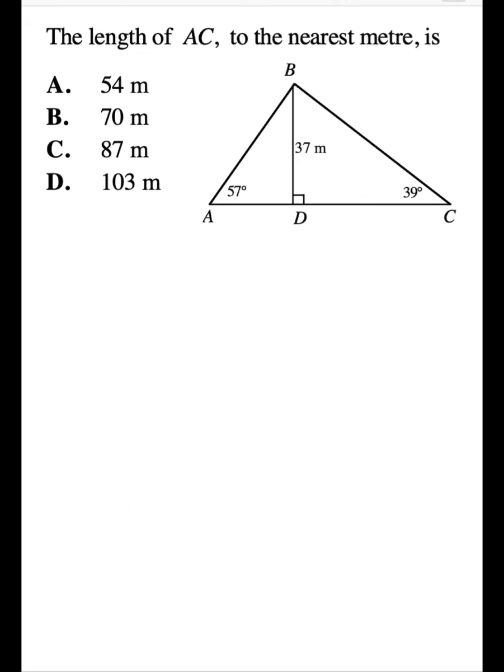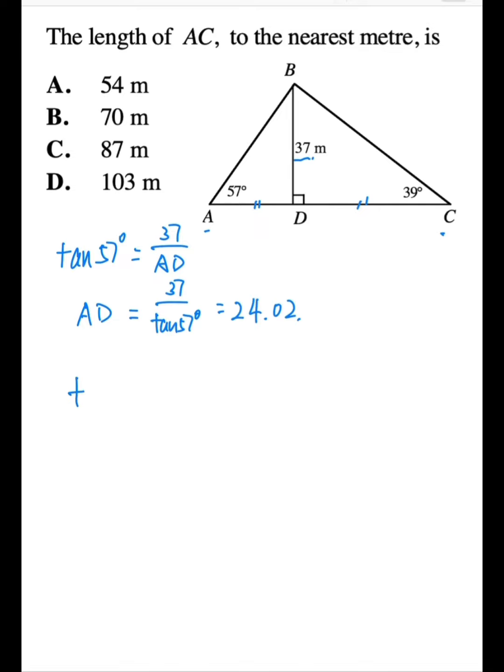We have a triangle ABC, and we need to find the length AC. We have BD is 37, and we can use this to find the length of AD and the length of DC. First, tangent 57 degrees equals 37 divided by AD, so AD equals 37 divided by tangent 57, which is about 24.02.